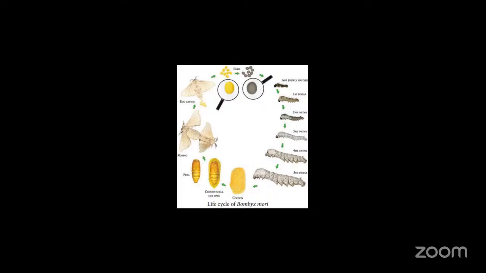In the biology of silkworm, we will discuss the introduction, systematic position and life cycle of Bombyx mori, the structure of egg, larva, pupa and moth, the external morphology of all these stages, and also sexual dimorphism of the egg, pupa, larva and adult.